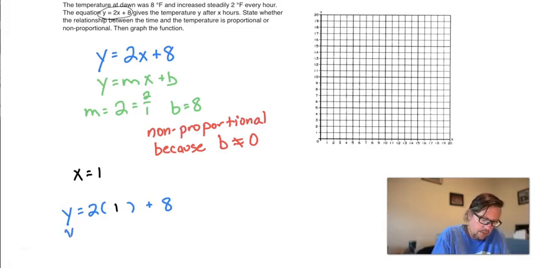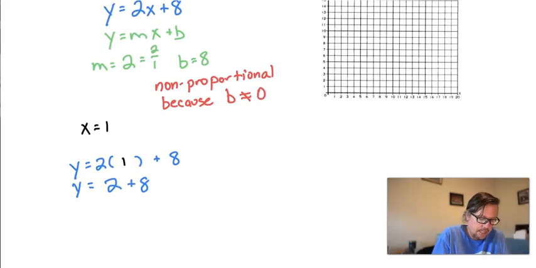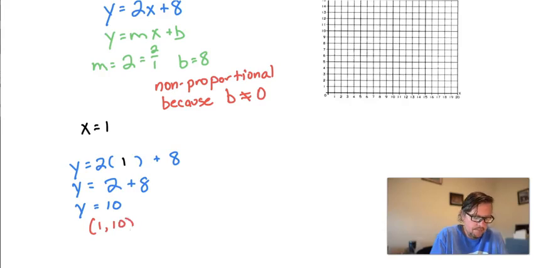So y equals 2 times 1 is 2, and 2 plus 8 is 10. So when x equals 1, y equals 10. So I could use the point (1, 10).